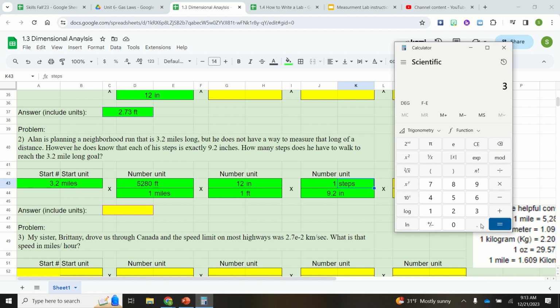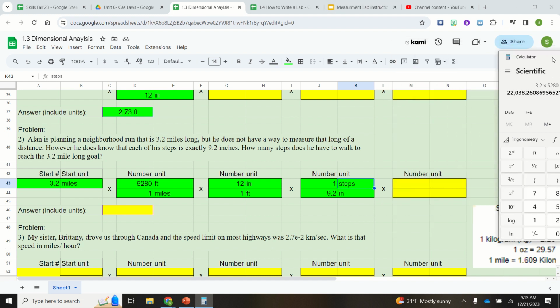So let's do that. 3.2 times the top, which is 5,280, divided by the bottom, which is 1, times the top, which is 12, divided by the bottom, which is 1, times the top, which is 1, divided by the bottom, which is 9.2. And then we'll hit enter.